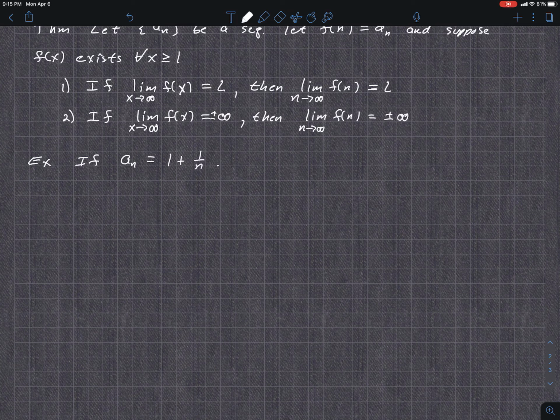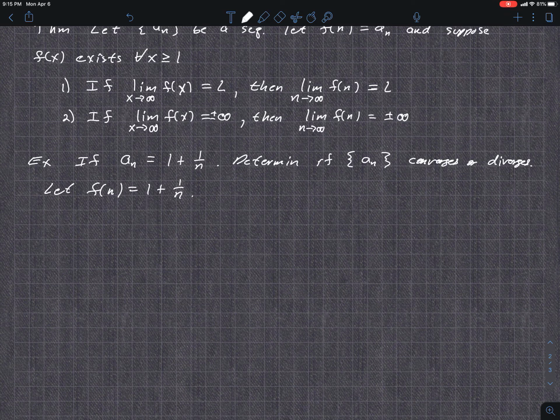So let's take a look at this example. If a sub n is equal to 1 plus 1 over n, determine if the sequence a sub n converges or diverges.